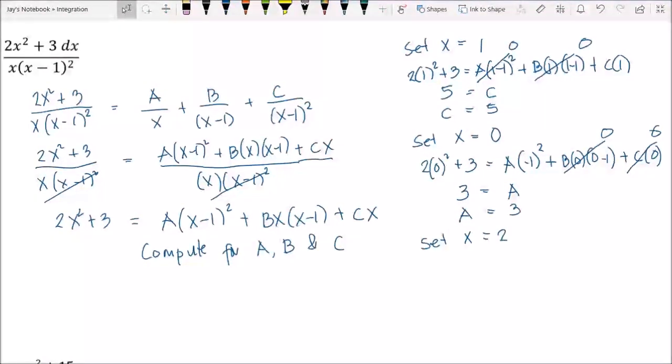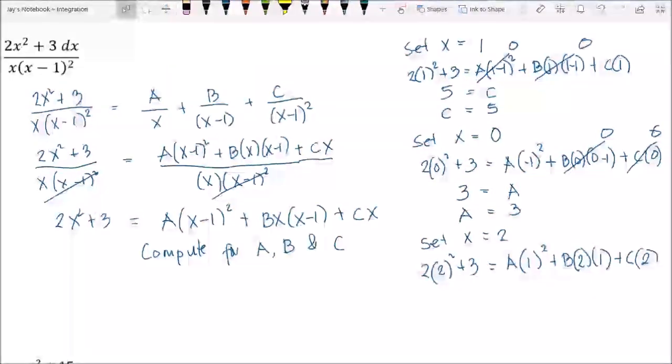So we have 2 times 2 squared plus 3 is equal to a times, since we have x minus 1, that is 2 minus 1, that is equal to 1 squared, plus b times 2 minus 1, that is 1, plus c times 2.